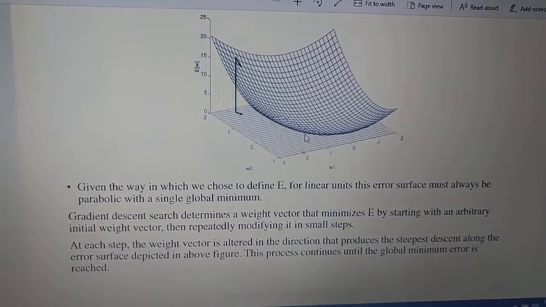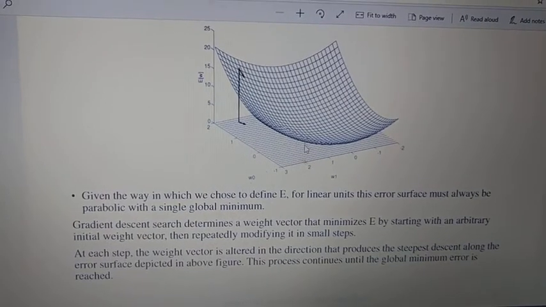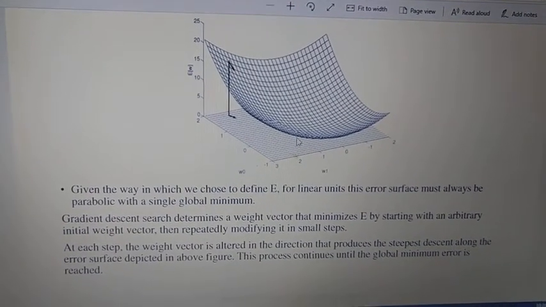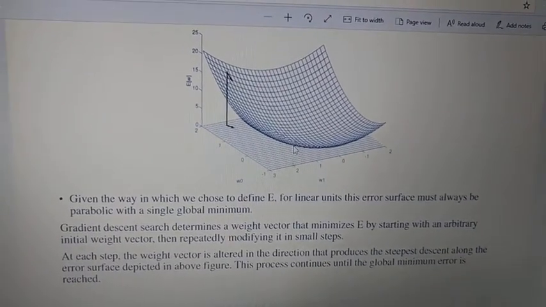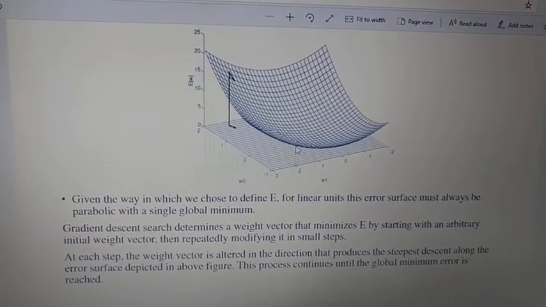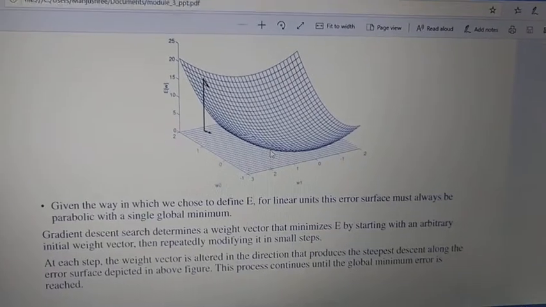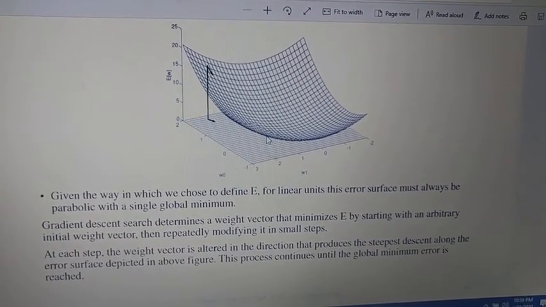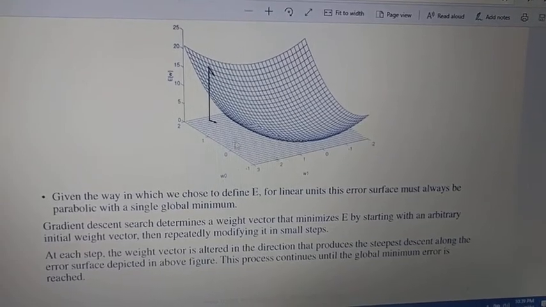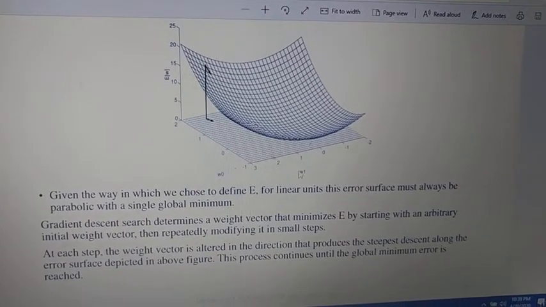This steepest descent, where we have the least or minimum error, is called the global minimum point, where we have the exact weight, and we say that the predicted value is equal to the target function.